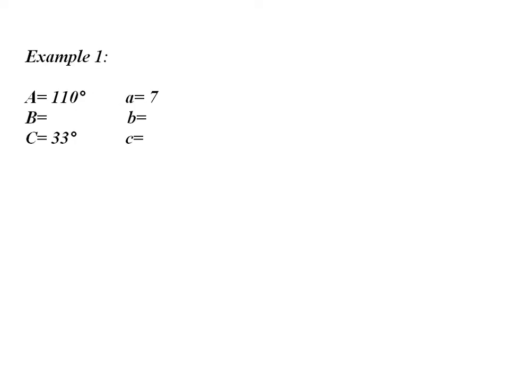Alright, let's take a look at our first example. Notice again, we're given both my A values. So right away I know I can use the law of sines. You're going to set up a proportion. But before we get into using the law of sines, notice I'm given 2 angles.